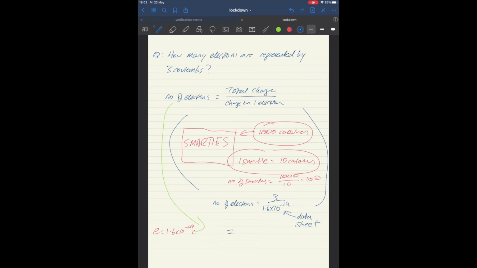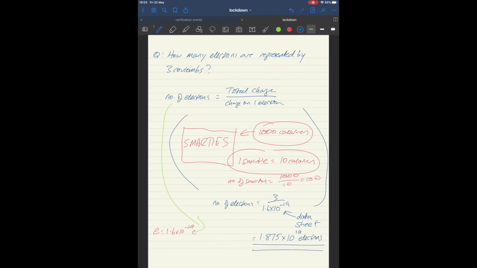So let me just put my calculator here. 3 divided by 1.6 times 10 to the minus 19 gives you 1.875 times 10 to the 19 electrons.